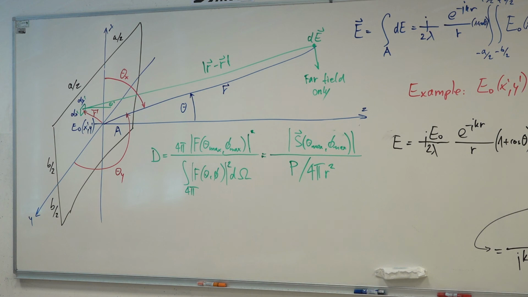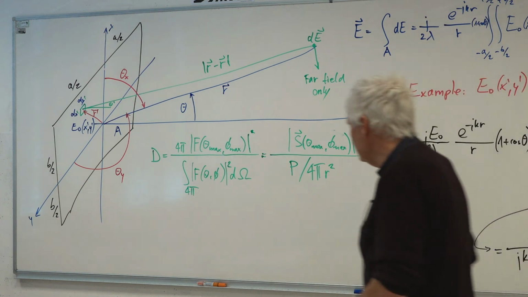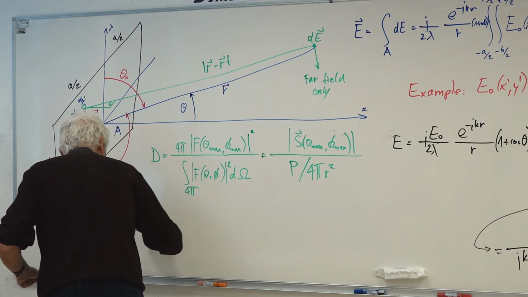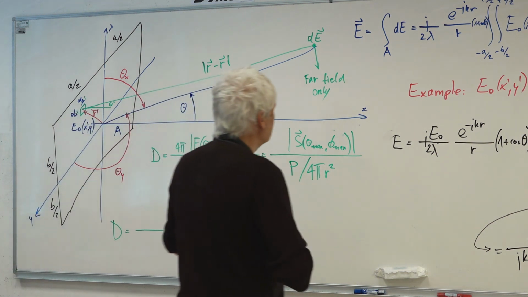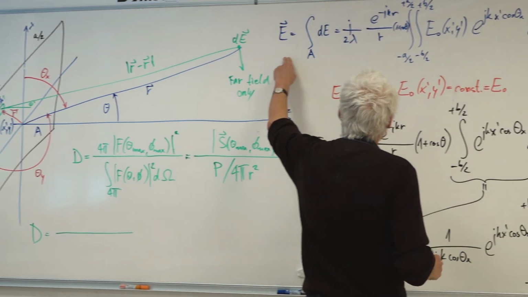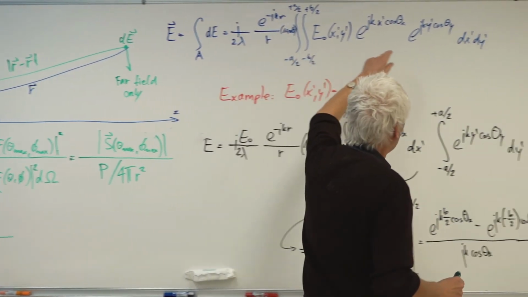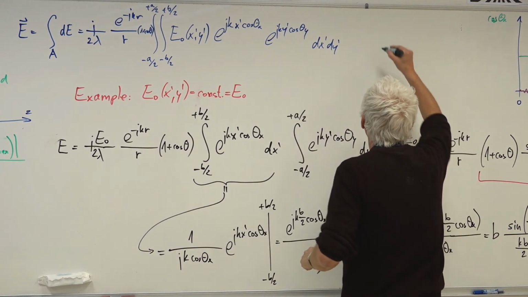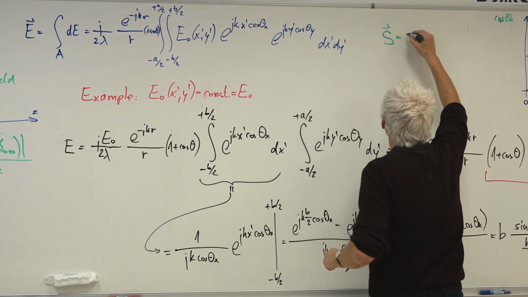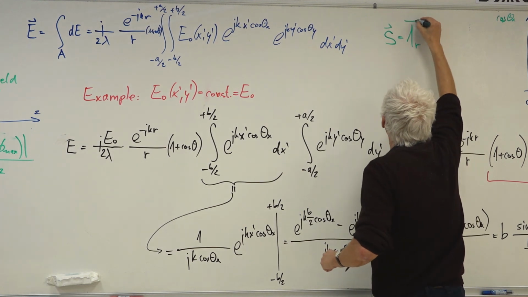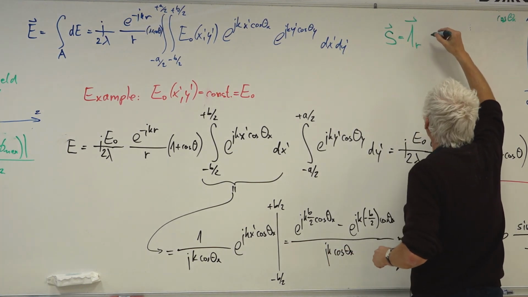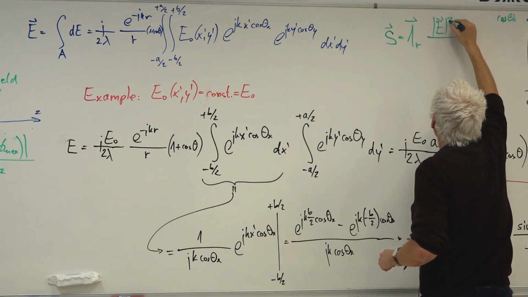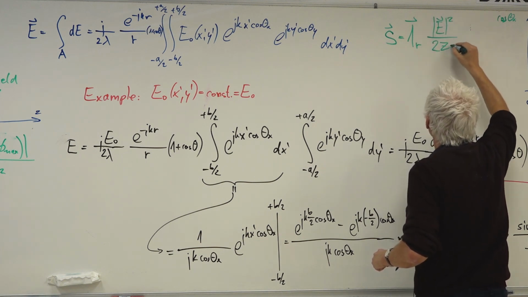That is a possible solution. And how does this possible solution apply to our problem? How do we get S? S we get by squaring the field. So the Poynting vector is actually always in direction 1r. Squaring the field means E squared divided by 2 Z0, okay?